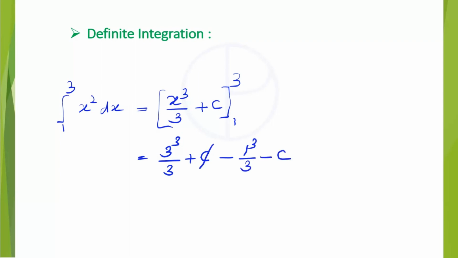The c and the c get cancelled, and on simplification you will get 9 minus 1 over 3, which is 26 divided by 3. Note that here the c gets cancelled. So integral 1 to 3 x square dx is called a definite integral.